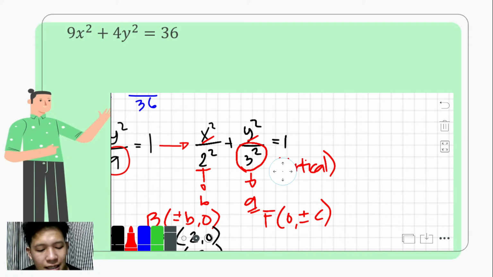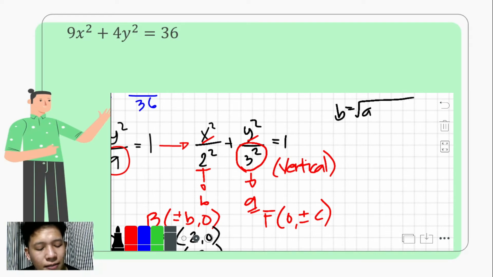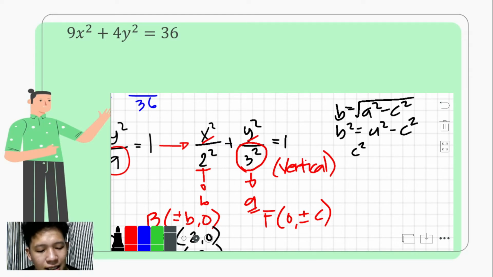So how are we going to get the value of c? So we make the assumption b equals the square root of a square minus c square, wherein it is actually equivalent to b square equals a square minus c square. Kung saan, si c square hahanapin natin by subtracting a square with that of b square. So we have c square equals, ang ating a square ay 3 square, that is 9.